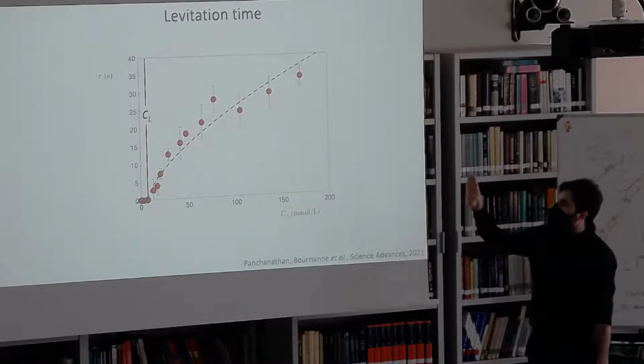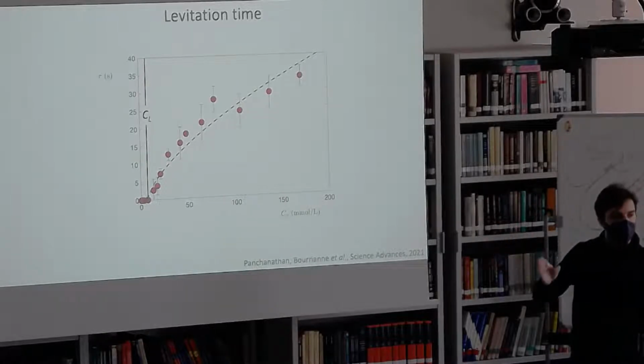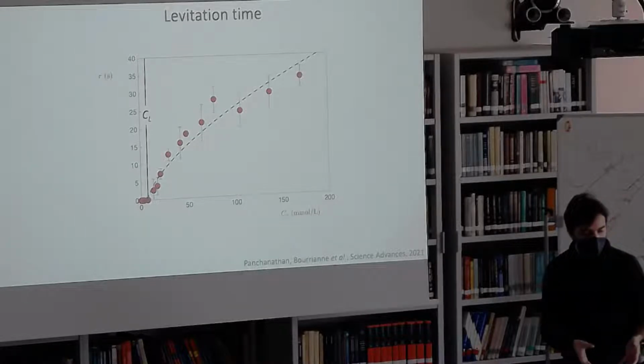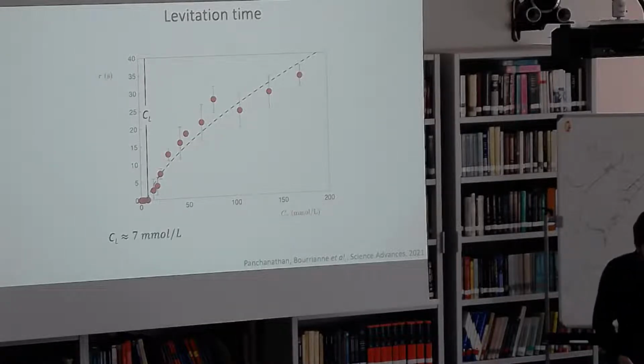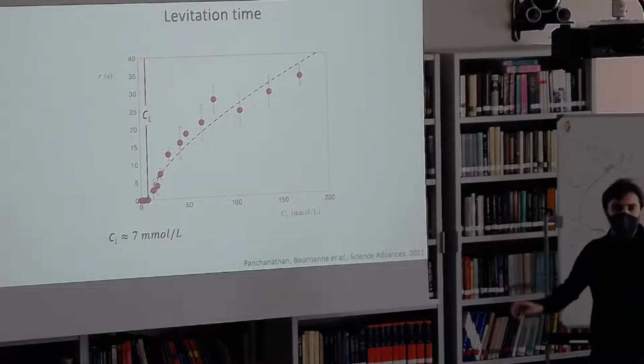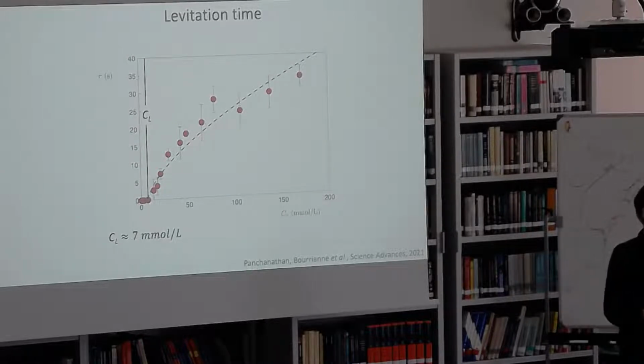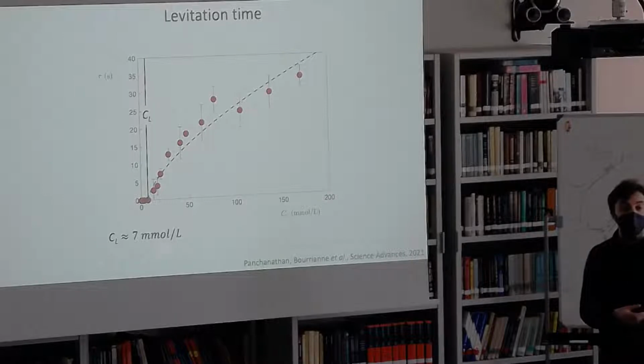But also you have, very remarkably, an onset for levitation, a critical concentration of CO2 to provide levitation. And that concentration is an equivalent of the Leidenfrost temperature. So you also need enough CO2 to be able to generate enough flux of CO2 to generate levitation.